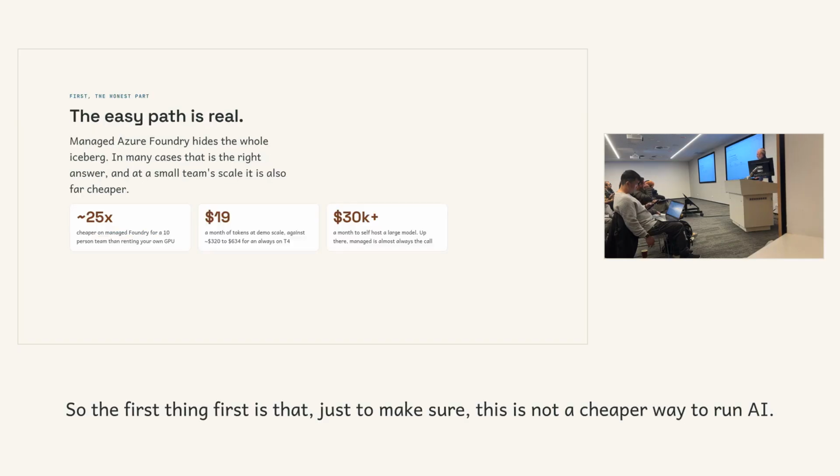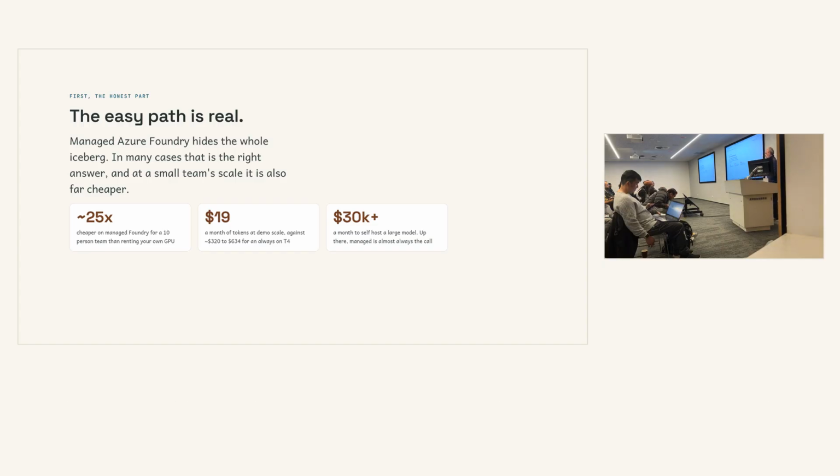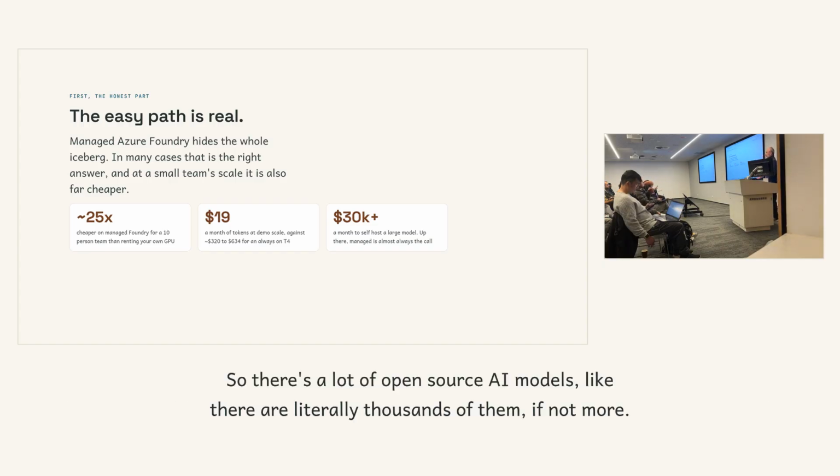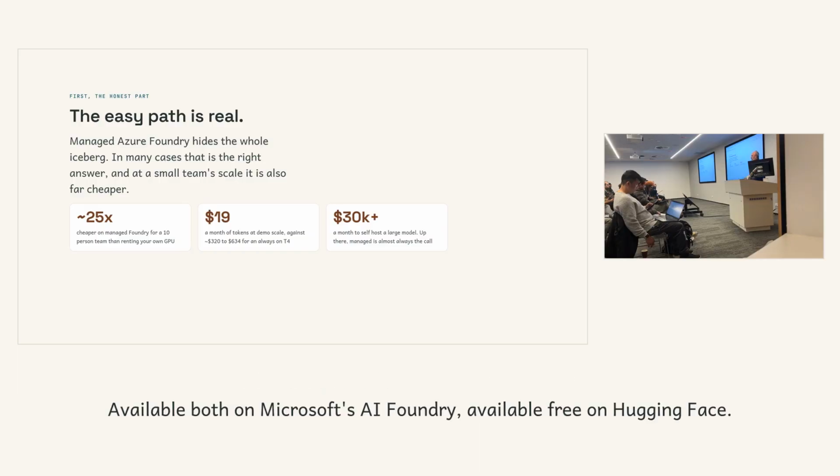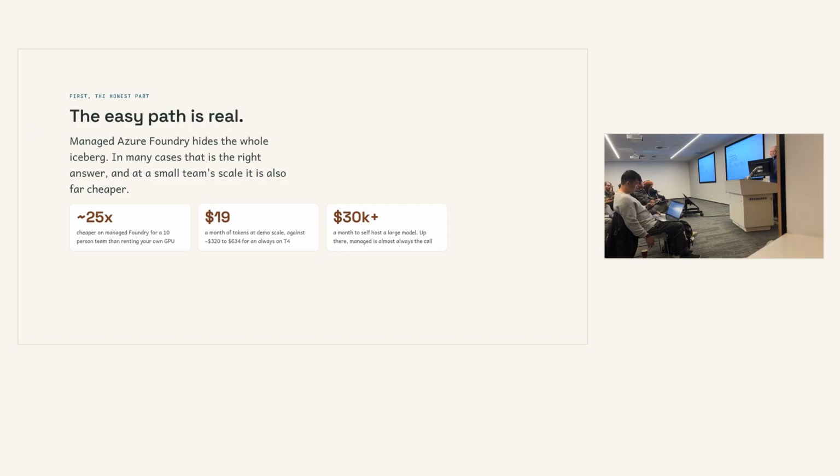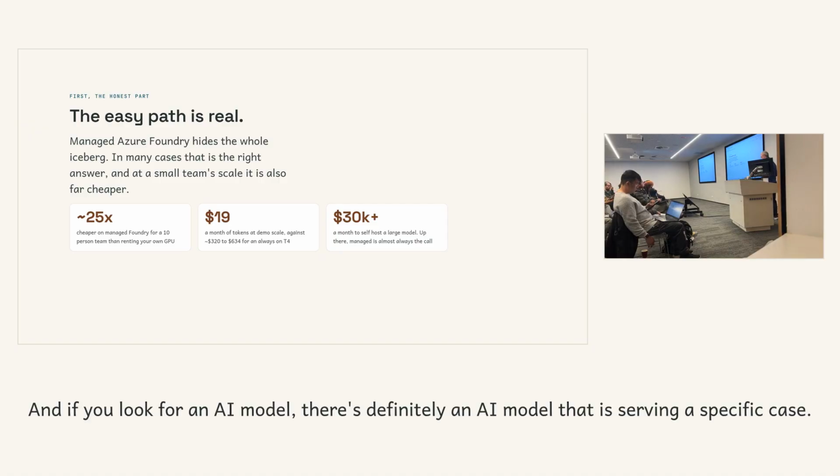First things first, just to make sure, this is not a cheaper way to run AI. There are a lot of open source AI models, literally thousands of them, if not more, available on Microsoft Foundry, and available free on Hugging Face. If you look for an AI model, there's definitely one serving your specific case.